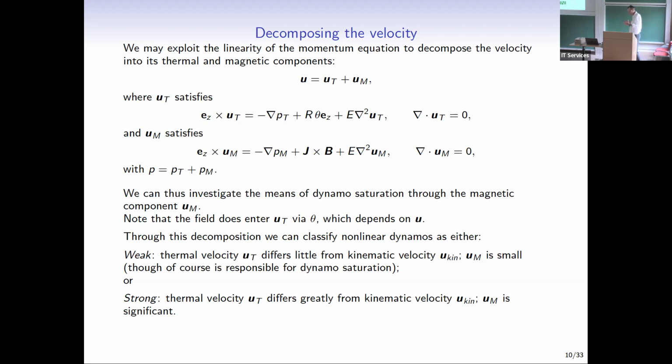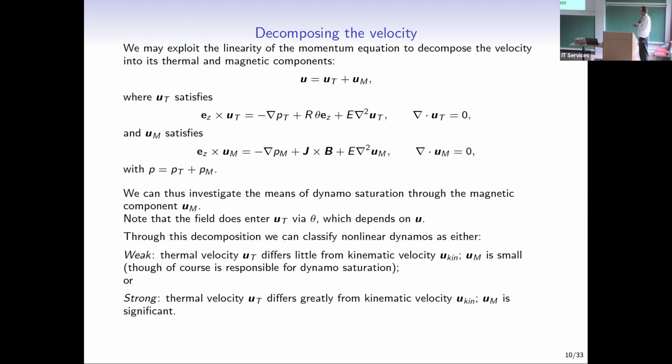A weak field dynamo is where you start off with a flow, it evolves, and the flow doesn't really change much. Of course it changes, because if it didn't change, you wouldn't saturate the dynamo, but the changes are small. So u_m is small compared to u_t. Or a strong field dynamo, where u_m is significant.